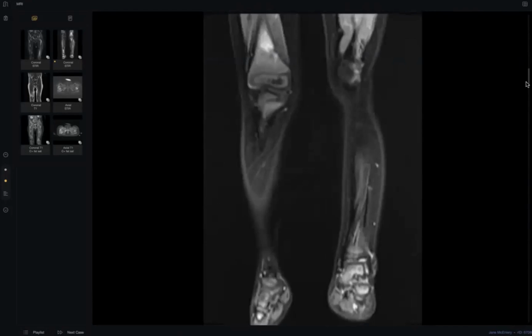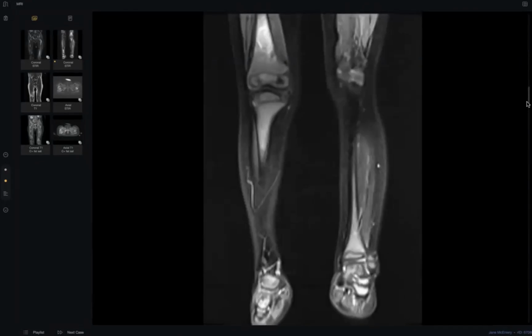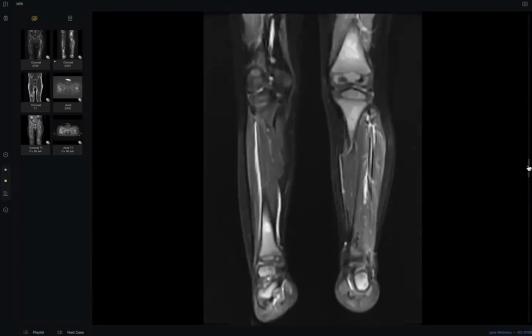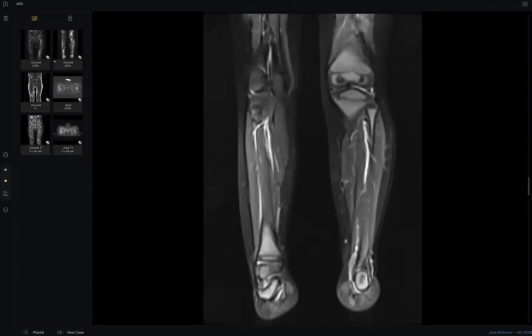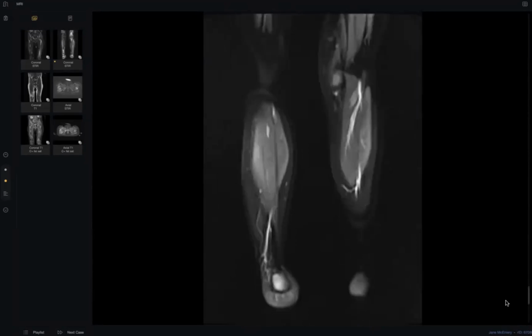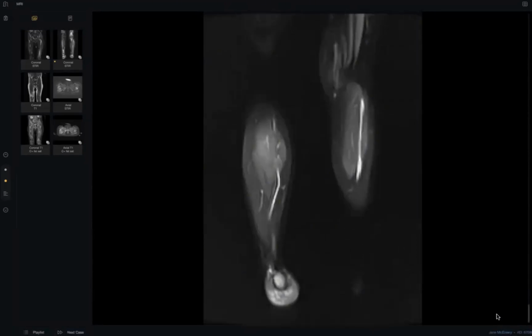Sir, now I am provided with the coronal fat set images of bilateral knee, and in this I would examine all the images before commenting.